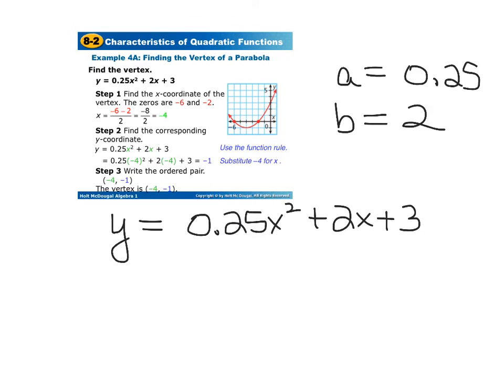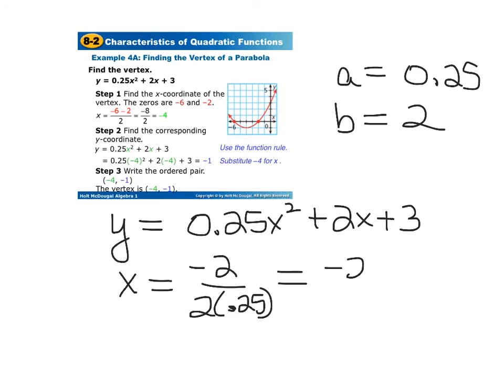I'm going to follow and do the formula. So I'm going to do x equals opposite of B over 2 times A. And then once I do that, I'm going to get negative 2, and 2 times 0.25 is 0.50. I'm going to divide this. I can't leave a decimal in my fraction.